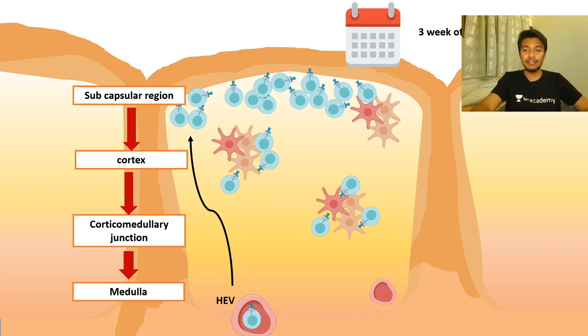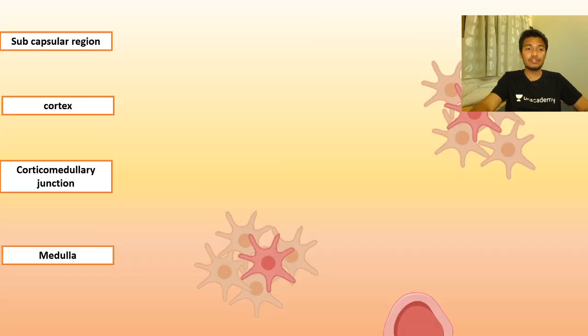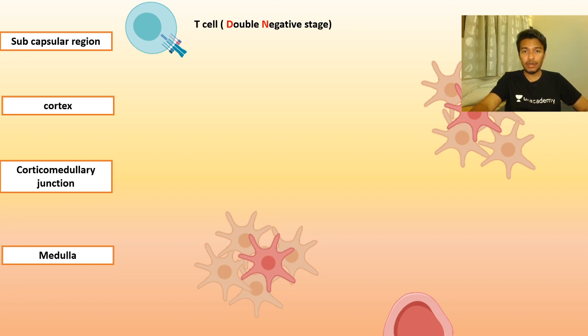It's pretty time consuming. So first, we are at the subcapsular region, which is the peripheral most layer of your thymus. In the subcapsular region, you have your T cells. At this particular stage, they're very much immature. They are known as double negative T cells. Why are they double negative?